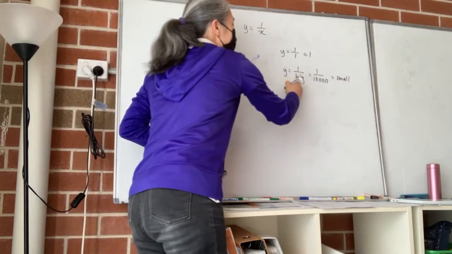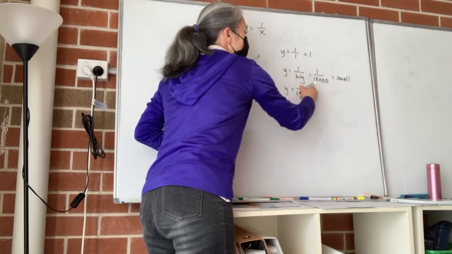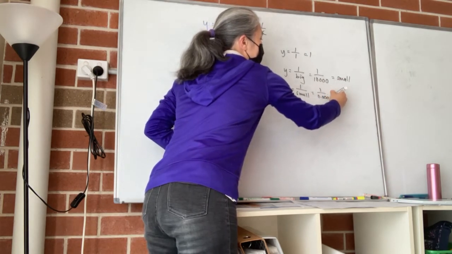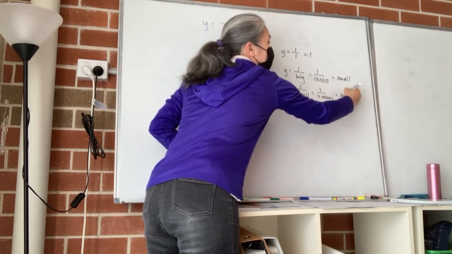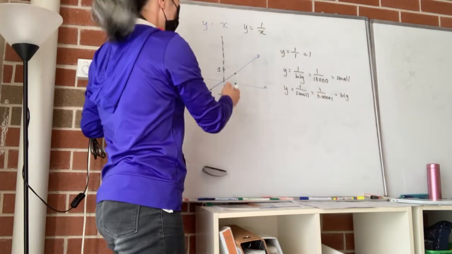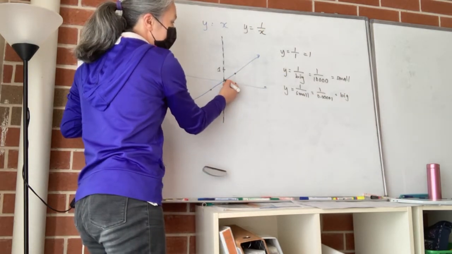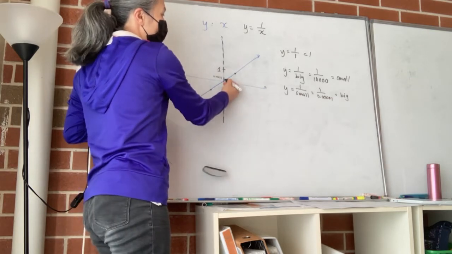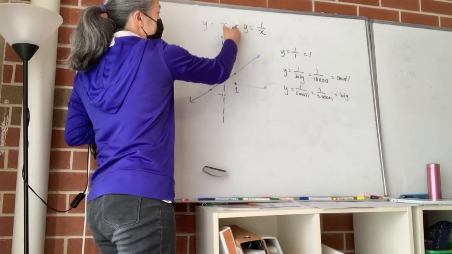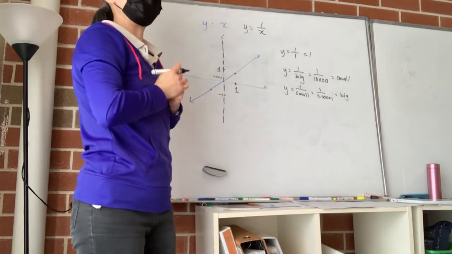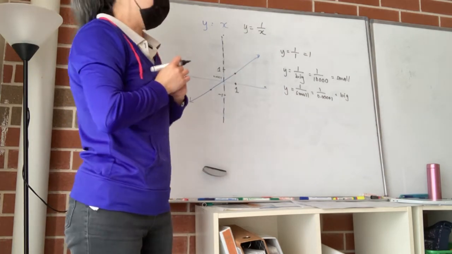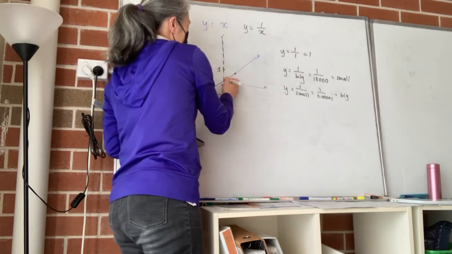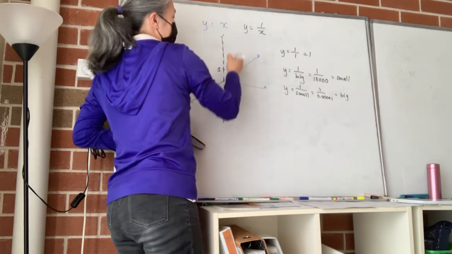On the other hand, if you have y equal to 1 over a small value, which is 1 over 0.00001, it's going to give you a big number. So anything small, maybe 0.0001, is going to give you something really, really big in here. Alright? So I should write it as the x, not the y. This one is going to give you something big.